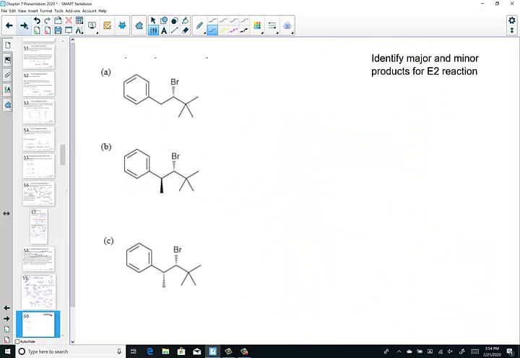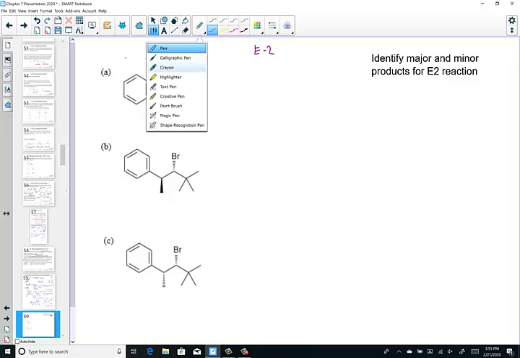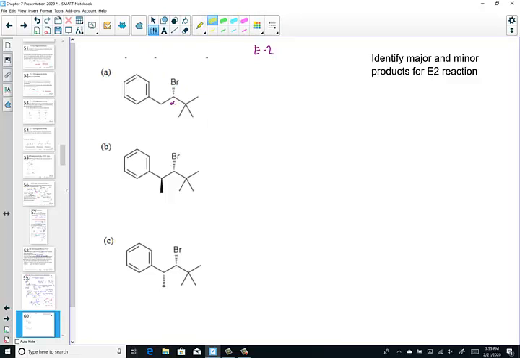Let's keep practicing. Here's a next homework question. What are the major and minor products for the E2 elimination, bimolecular? So first step, I want you to find the alpha carbon. Next door to each direction will be the beta carbons.